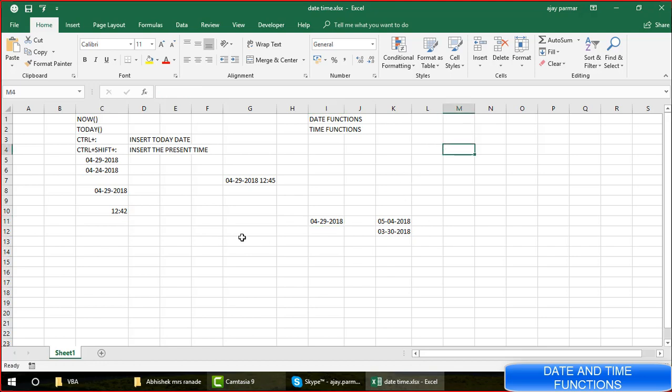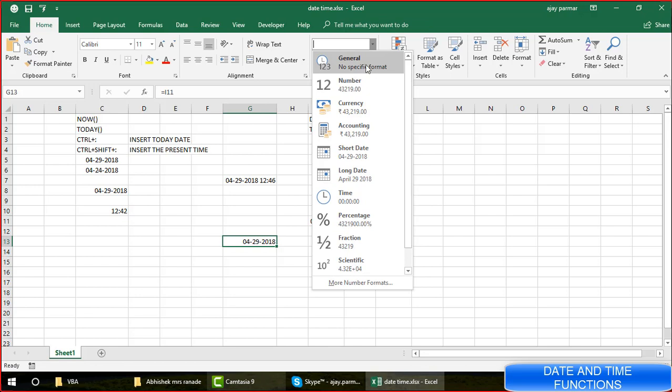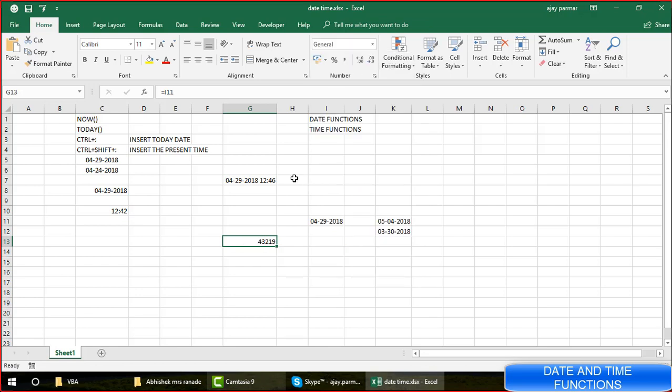So for example, if I say equals, select this cell and I press enter, what is the date coming here? 29th. Now let's go to the format here, or right click also, you can go to the format. I click on General. See this, the date is now showing as a number. Now this number 43212 is not a random number. This number is allocated to this date, right?